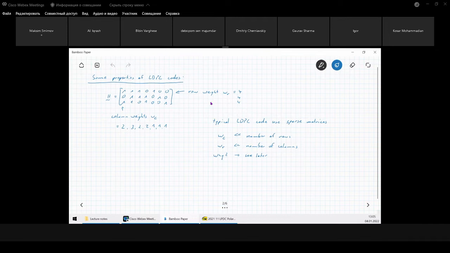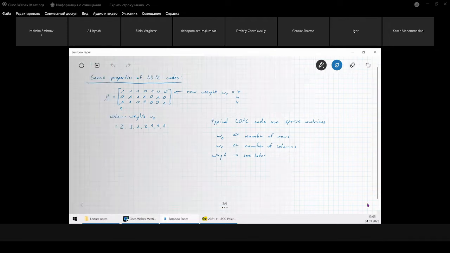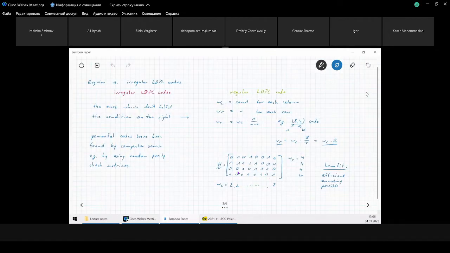We talked about some properties of the codes, like irregular or regular LDPC codes. The irregular ones are really powerful, but mostly found by trying random matrices and figuring out which one will perform best.